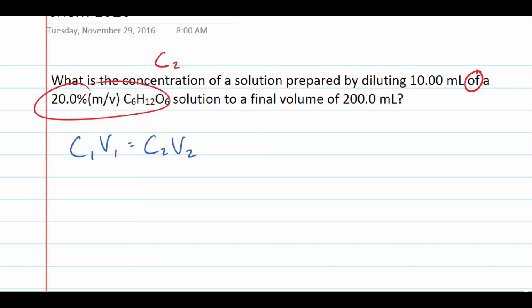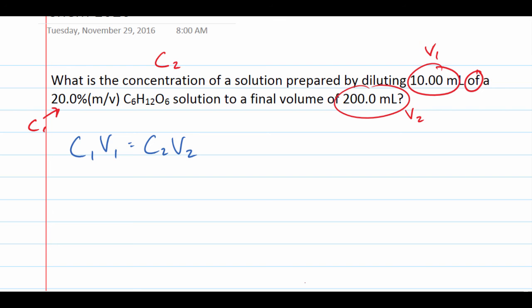So that means that this amount here must be C1. So again, I like to go through and label these right in the problem. The 10 milliliters, this is going to be V1, and the 200 milliliters is going to be V2.